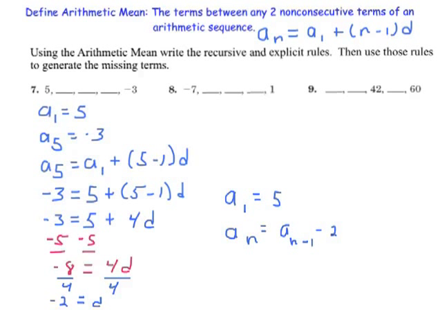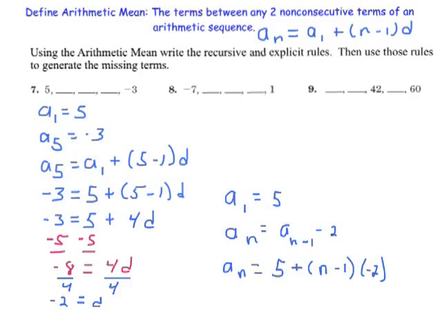Now let's find the explicit one. To find the explicit rule, it's going to be a sub n is equal to my first term, which is 5, plus n minus 1 times my common difference, which is negative 2. Now, if you'd like, you could clean this up a little bit, or you can leave it just like that.